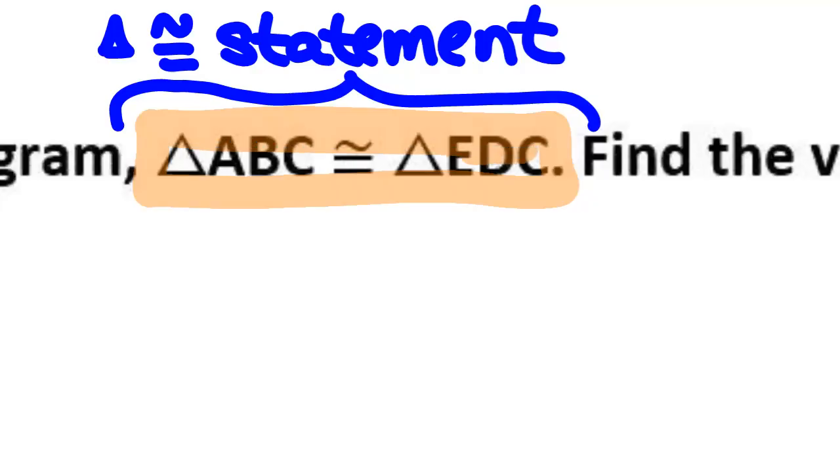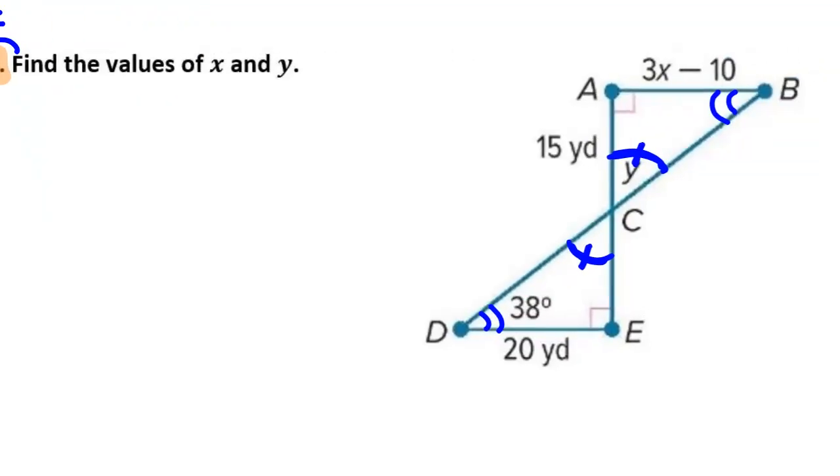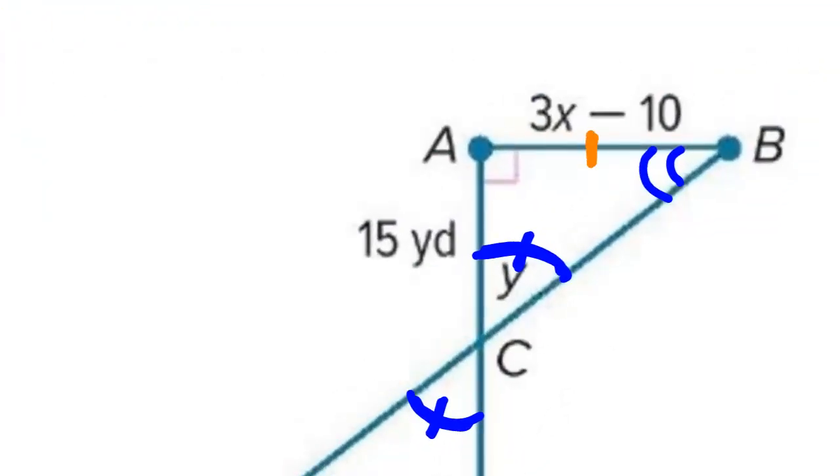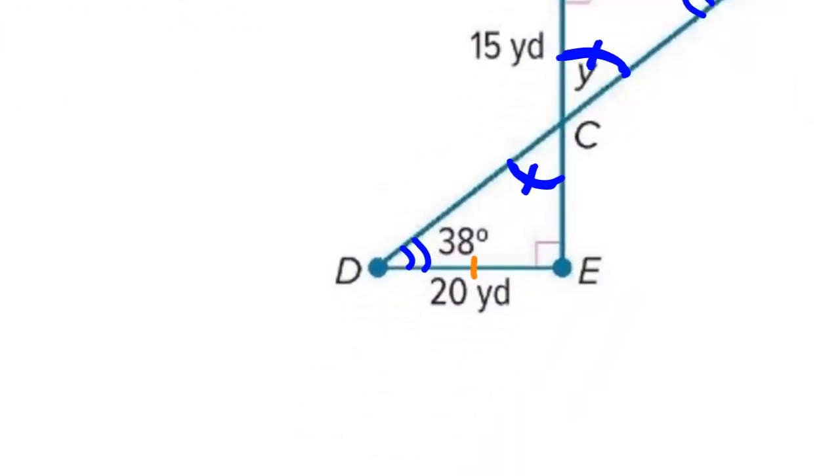The first 2 letters in the first triangle name is AB. What does that correspond to on the other triangle? ED, first 2 letters, first 2 letters. So AB, which is the top, is congruent to ED, which is the bottom.